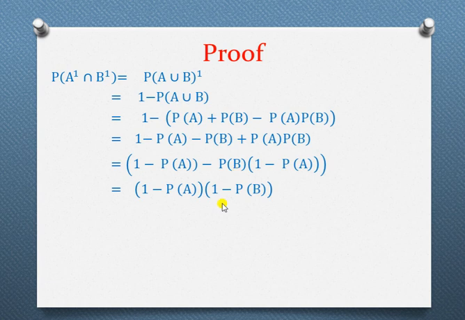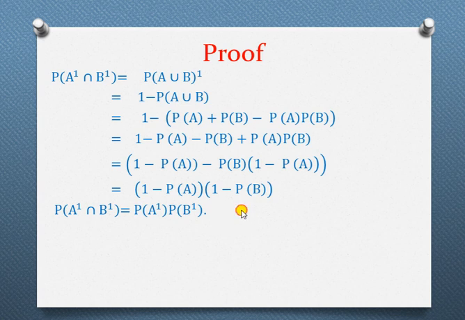And that gives us that. But remember, 1 minus probability of A times 1 minus probability of B can also be written as probability of A complement times probability of B complement, because we said probability of A plus the probability of its complement equals 1. So when you make probability of A complement the subject, it becomes this, and the same thing applies to this. So we have surely proved that if A and B are independent events, then even their complements are independent.